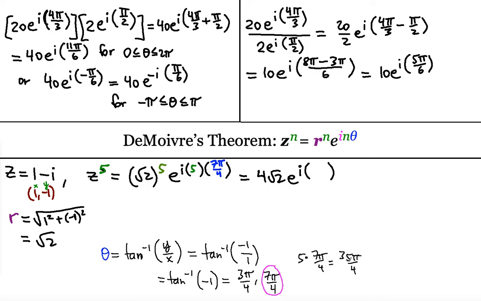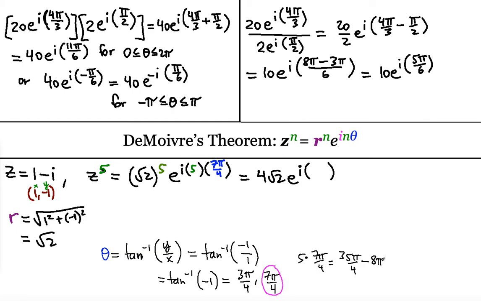And now we have to make sure that it's within the limits of 0 to 2 pi, or from negative pi to pi, right? Ideally it should fit in both. So to do that, notice that if we subtract 8 pi, it will give us the desired position, which will fit both the negative pi to pi interval and also the 0 to 2 pi interval, right?